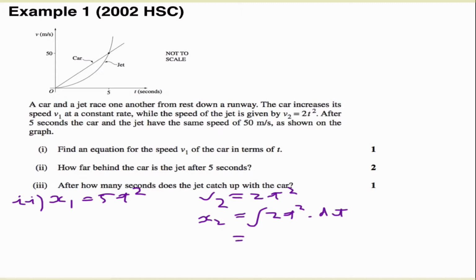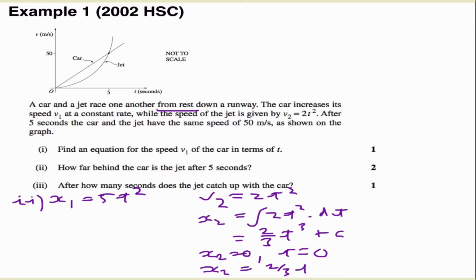And if we do that, we get 2/3 t cubed plus c, and once again our initial conditions, x2 is equal to 0 when t is equal to 0, because it started from rest. So our expression for x2 is 2/3 t cubed, because c is 0. So we've now got two expressions for x1 and x2.